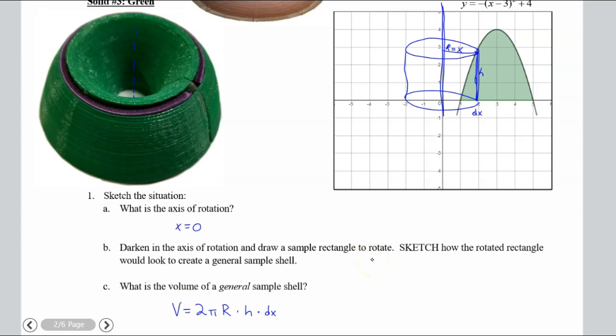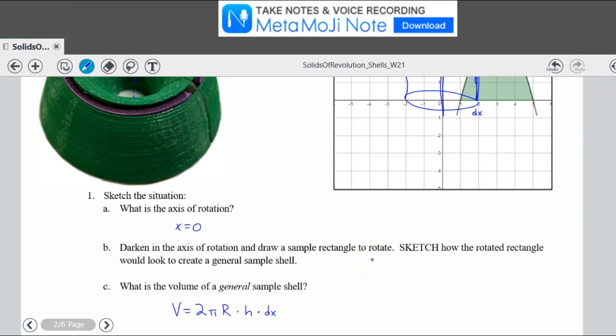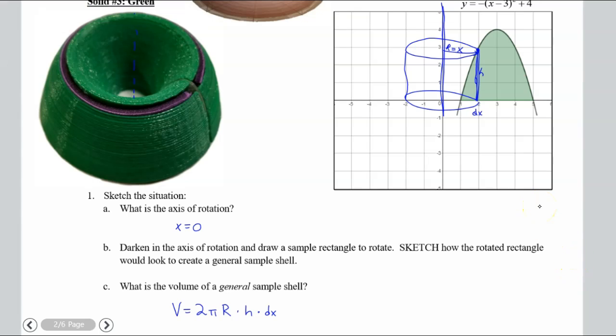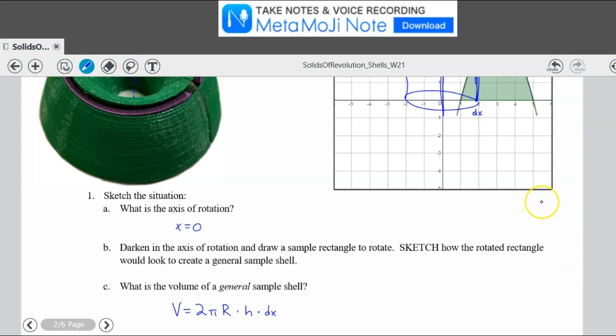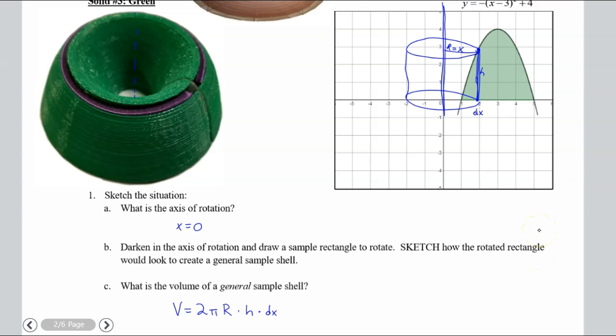The height, on the other hand, is the y on top minus the y on the bottom. So we're going to subtract those and see what we get. The y on top is going to be our curve, so I'll just use yt and yb for now. That h is going to be the y on top minus the y on the bottom.